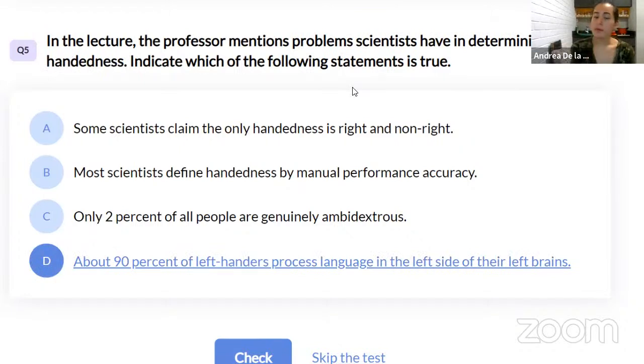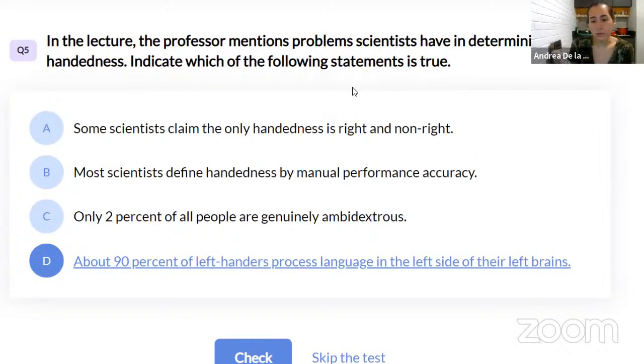Would that really be a problem? I think that the math is incorrect because if you think about it, would that actually be a problem? Wouldn't that maybe be a solution for the problem of determining handedness? Because if 90% of left-handers really process language in their left side of their left brain, then there you have the connection, right? That would be what determines handedness, where you process language.